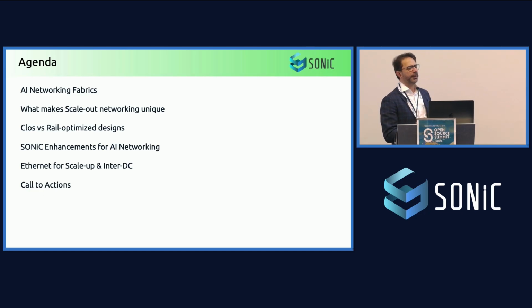I will then talk about what makes AI networking unique. I'll try to make it a quick session because I think I've at least touched on it on a couple of occasions already. I'll give you a comparison of CLOS and rail optimized design supported in SONiC for AI and how they help.